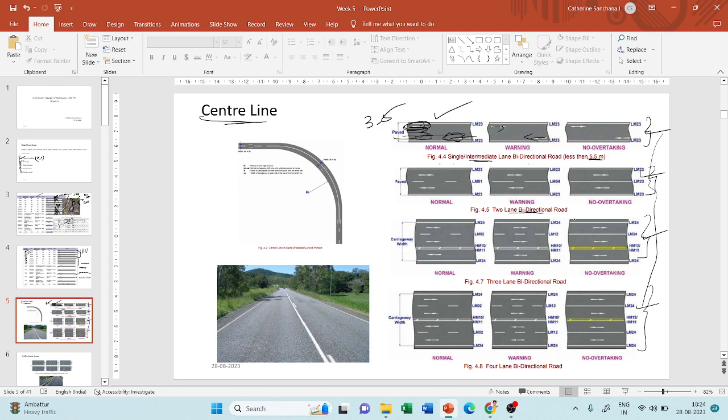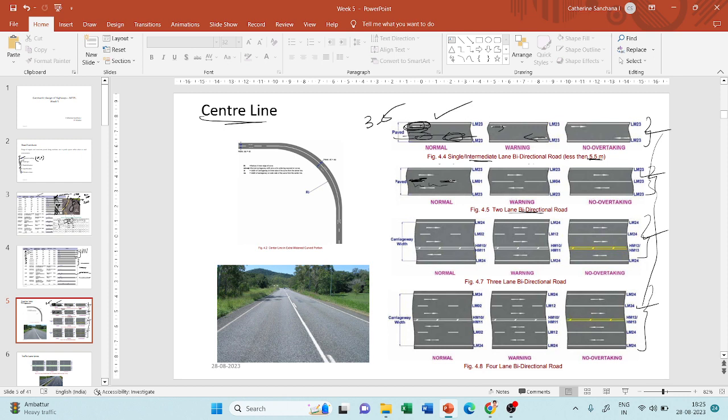And also, if you see, there are three types of center lines which they have provided. So one is a normal line. Why we call it normal is, if you see the length of the segment and the spacing between them, it is more or less equal. It is more or less in the ratio of maybe 1:1, which you will call normal.